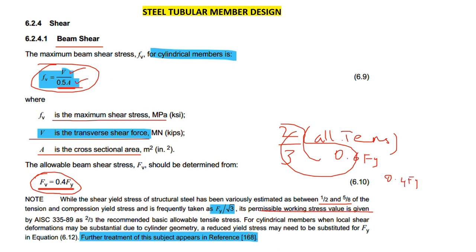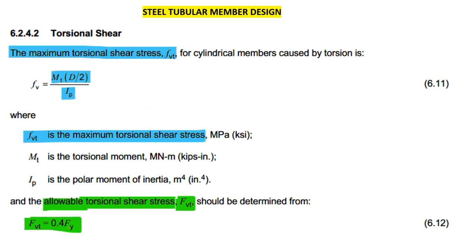Its permissible working stress value is given by AISC as two-third of the recommended basic allowable tensile stress. For cylindrical members, when local shear deformations may be substantial due to cylinder geometry, a reduced yield stress may need to be substituted for Fy in equation 6.1. That's a different equation we will see here.